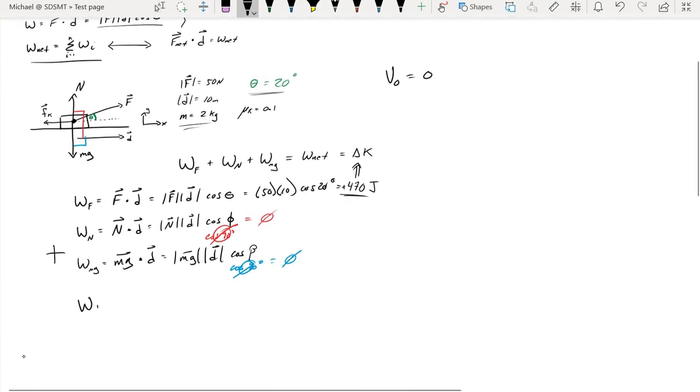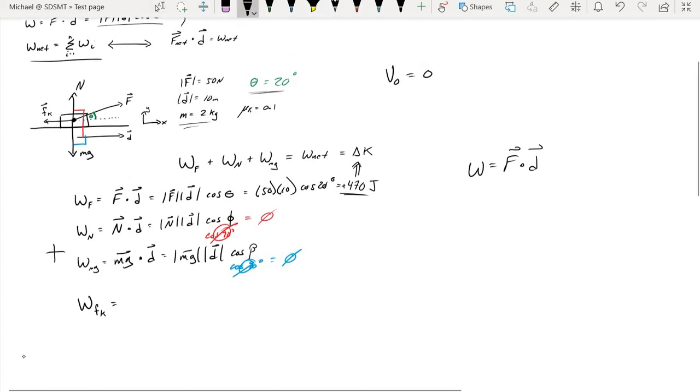So now we need the work done by our friction force. Okay. Work done by any force can be found by taking the dot product. So we have a friction force, F_k, dotted with the displacement vector. That can be evaluated by taking the magnitude of each vector times the cosine of the angle between them.